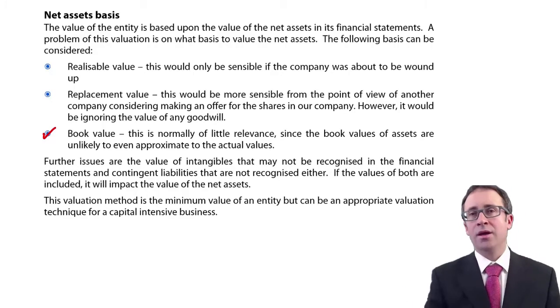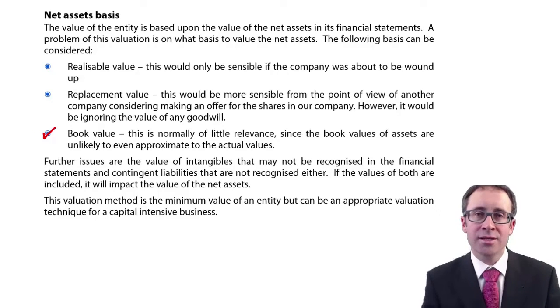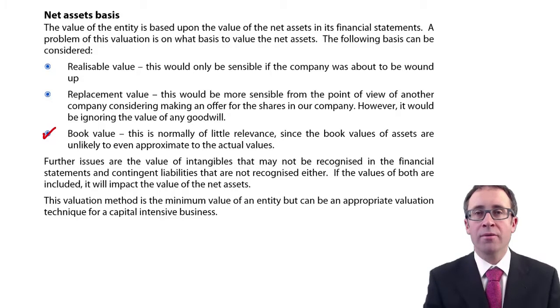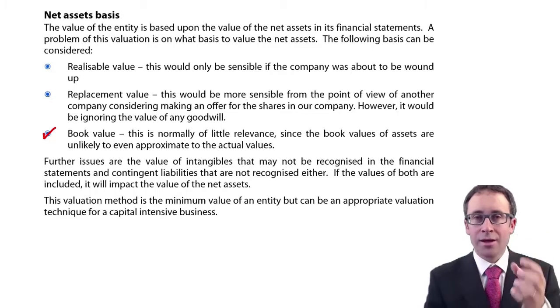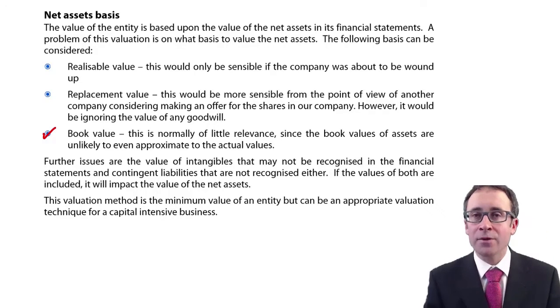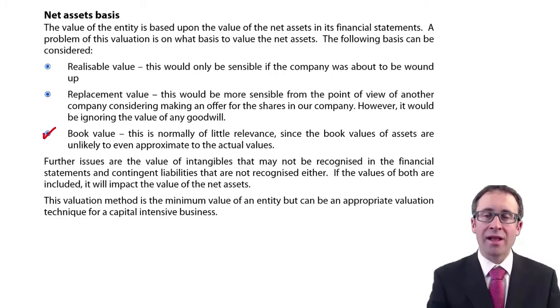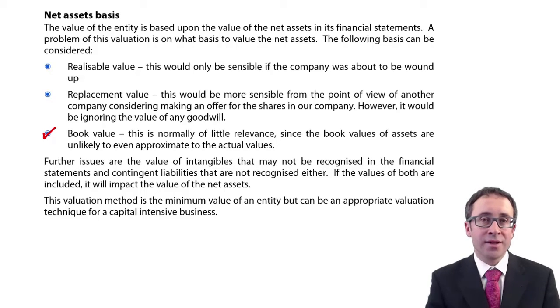But in terms of intangibles, what about those internally generated intangibles? We don't see those appearing within the financial statements. We don't see the brand name, we don't see the customer goodwill. But they do have some value, so it will be important that we can attribute an intangible value on top of the net assets value.